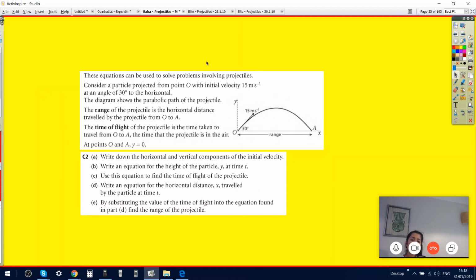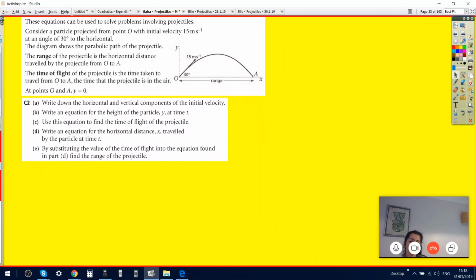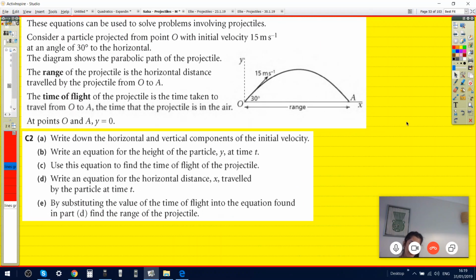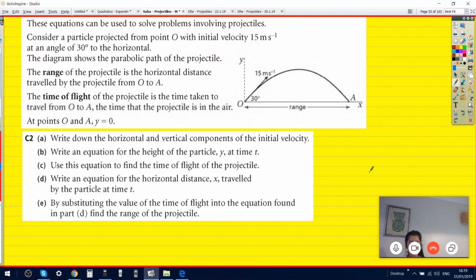Okay, let's try this any way you like. There are many different ways of doing these. These equations can be used to solve problems involving projectiles. Consider a particle projected from point origin with initial velocity 15 at an angle of 30.